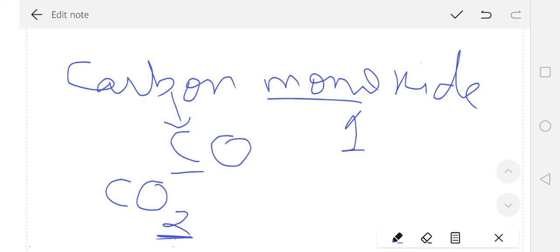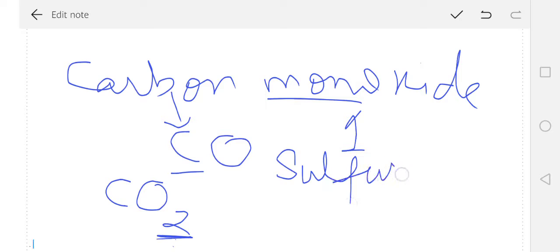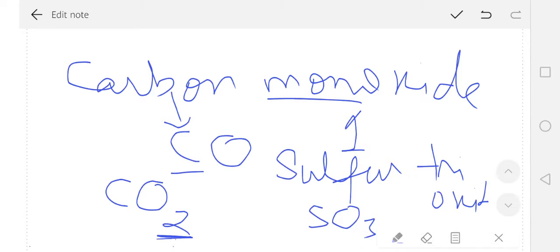So similarly, there are particular atoms, like sulfur trioxide has symbol SO3. Tri means 3 oxygen.